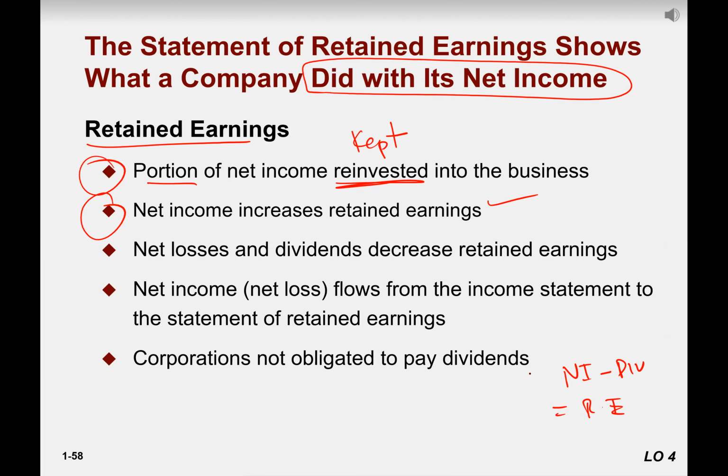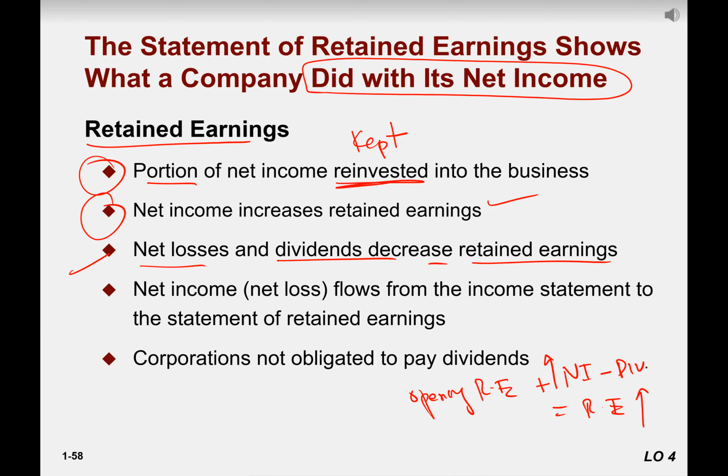This year, if you want to find out the complete figure, then you add opening retained earnings. So you see, if you earn more, retained earnings would be more, right? Also, net loss or dividends decrease the retained earnings.